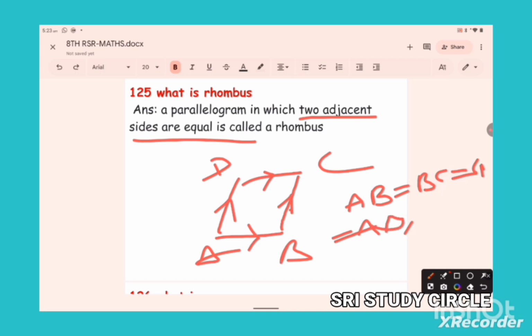Opposite angles are equal. Angle A is equal to angle C. Angle B is equal to angle D. All sides are equal, opposite sides are parallel, opposite angles are equal. This is known as a rhombus.